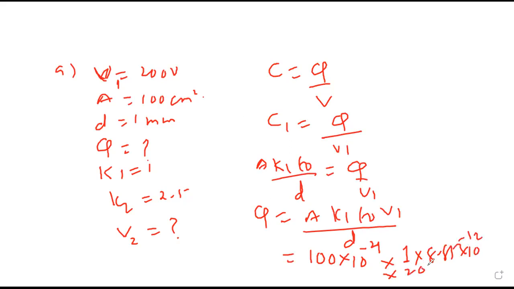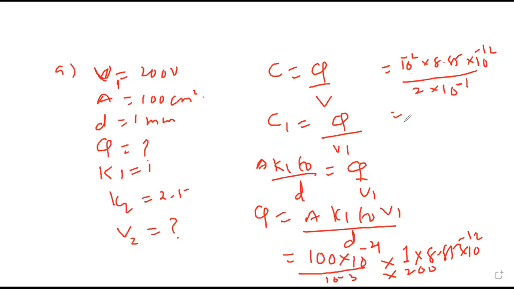V1 is 200 and distance is 1 millimeter, so 10 raised to minus 3 meter.